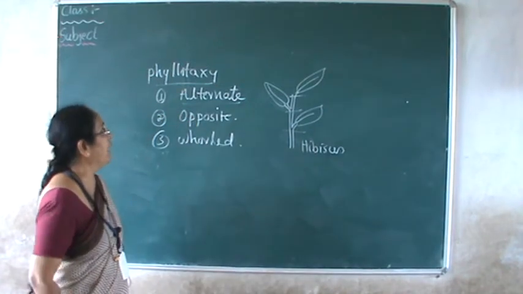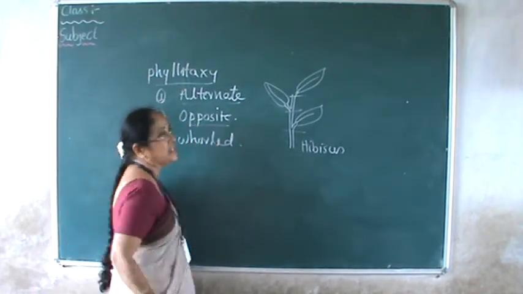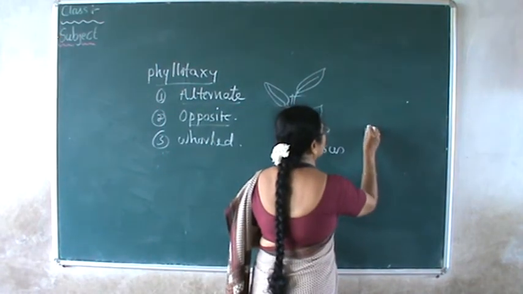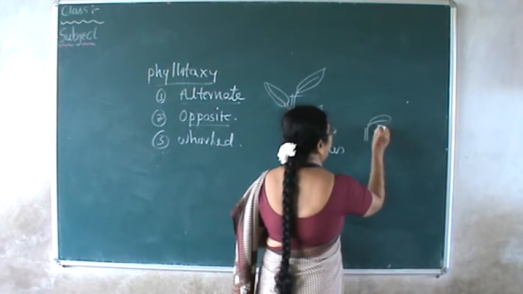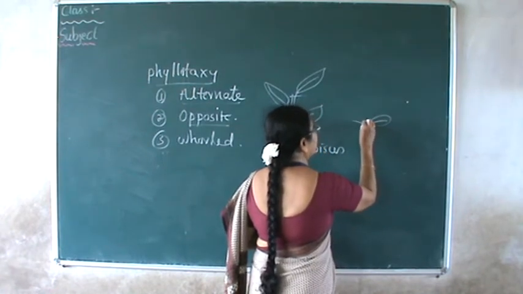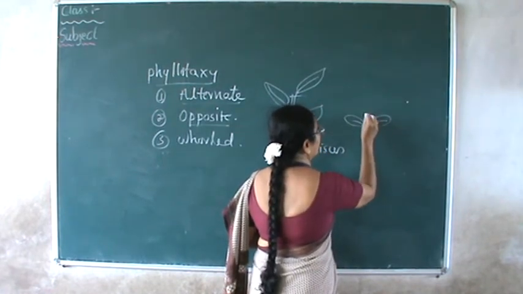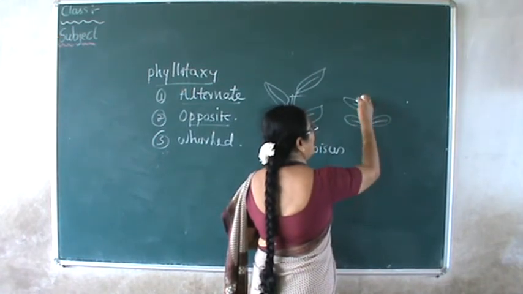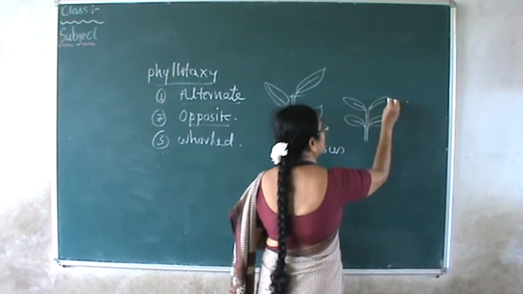This is alternate phyllotaxy. Now the opposite phyllotaxy means two leaves at every nodal region. If you draw the opposite phyllotaxy, the leaves are exactly opposite to each other. Again the stem continues further, again the second pair. Always they are arranged in pairs.